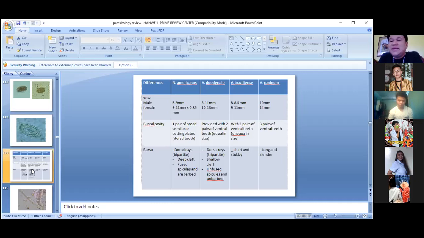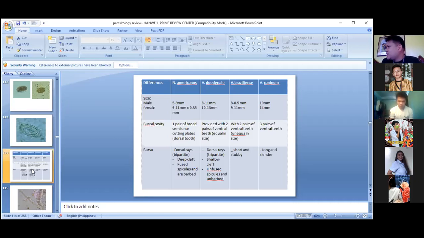Now, what about Ancylostoma? Ancylostoma species have teeth. Duodenale has 2 pairs of teeth equal in size. Braziliense has 2 pairs of teeth unequal in size. Caninum has 3 pairs of teeth, unequal in size.